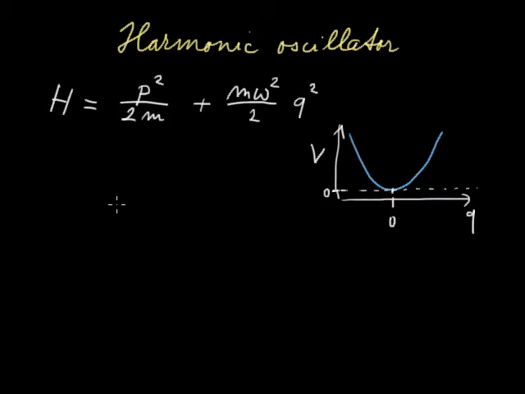Now, to make the treatment a little bit simpler, we will introduce a different coordinate where we will try to get rid of some m's and omegas. So we will introduce the coordinate q bar, this is just a change of units of the length. So this will be a new coordinate.